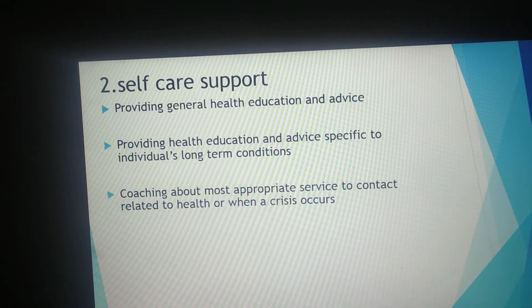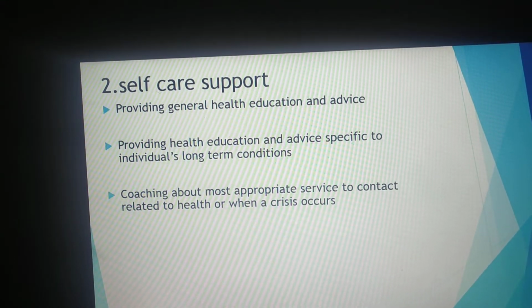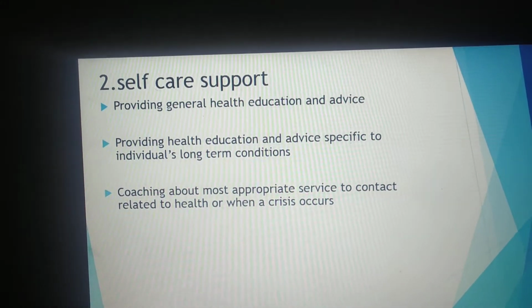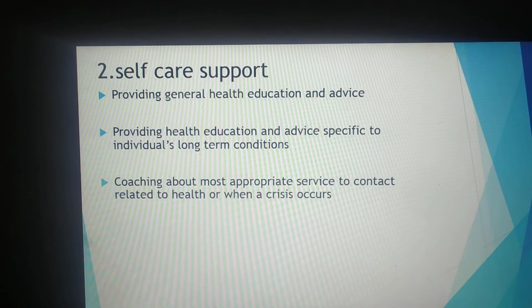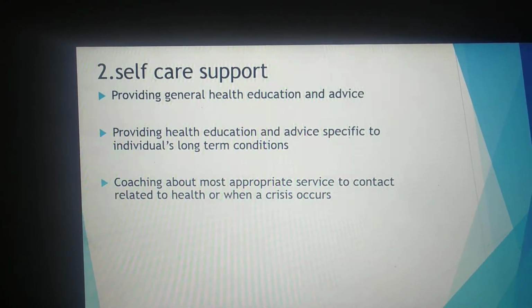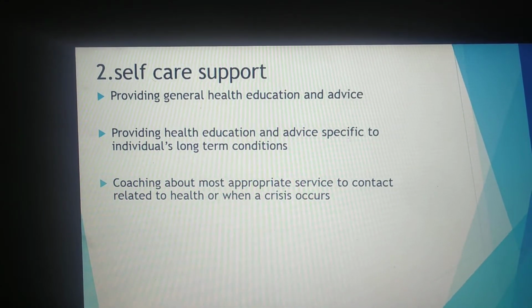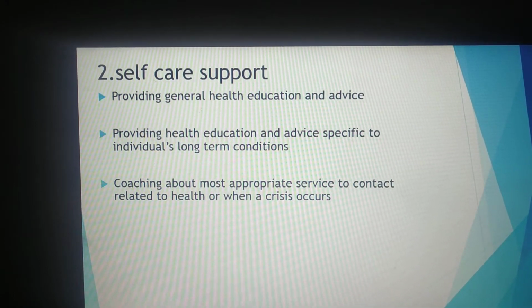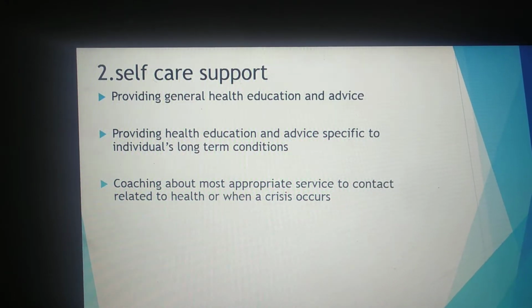The second one is self-care support. So we need to provide good health education to the patients and also the family members, especially in the psychiatric area. Counseling plays a very vital role because here prevention is better than cure.